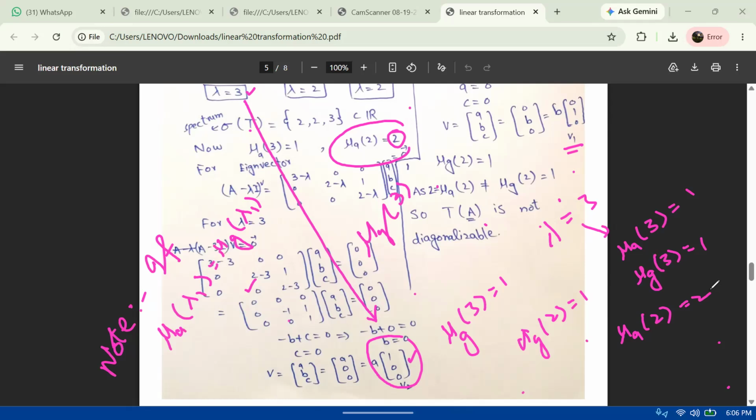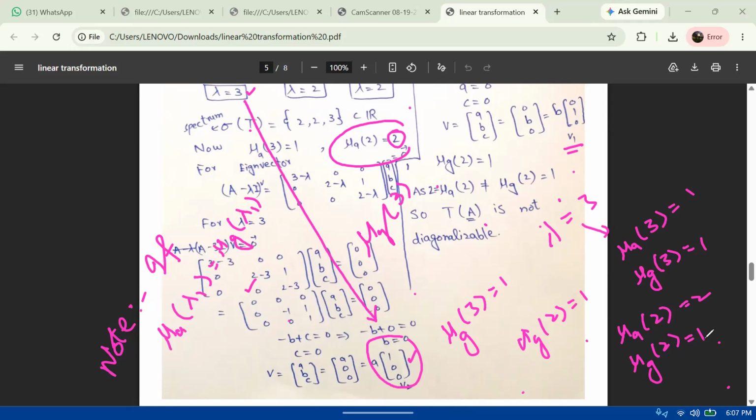Geometric multiplicity 1 means that for lambda equal to 2, you just find one eigenvector, which is v2. So the algebraic and geometric multiplicities are not the same, which implies that the matrix A is not diagonalizable.